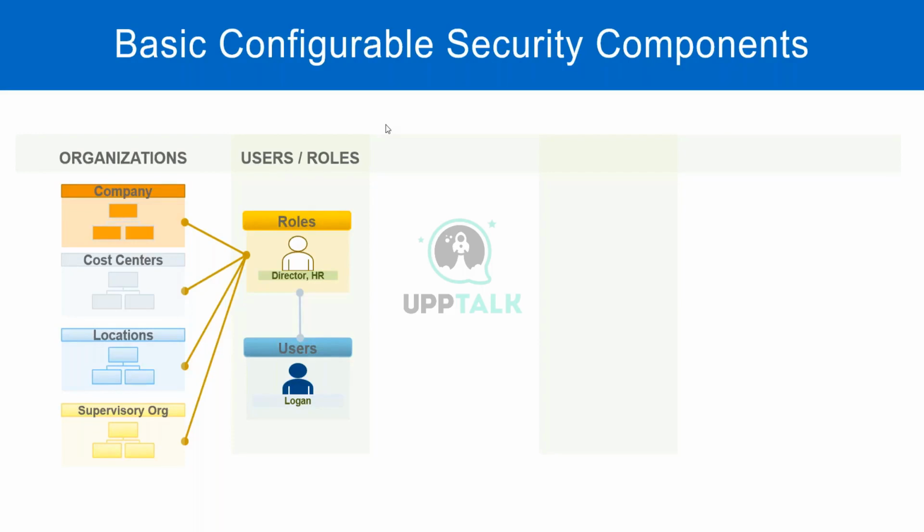Now what is the typical behavior that we saw, especially for role-based security groups and inheritance? When we created the security group, what is the inheritance option by default?